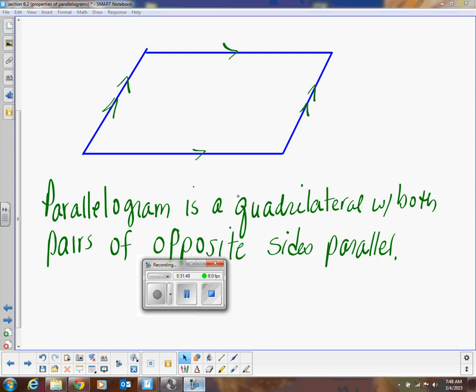Now, I'm not finished. Once you finish this, now you're going to draw in the diagonals. You're going to connect P to R very carefully. You're going to connect A to L very carefully.